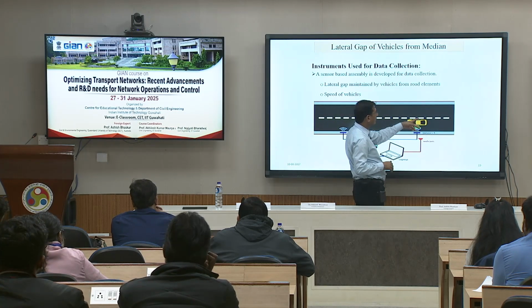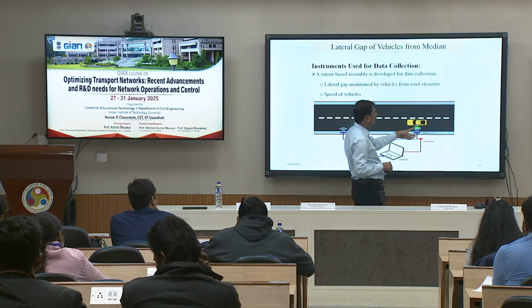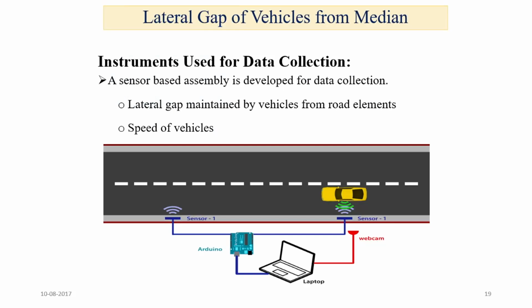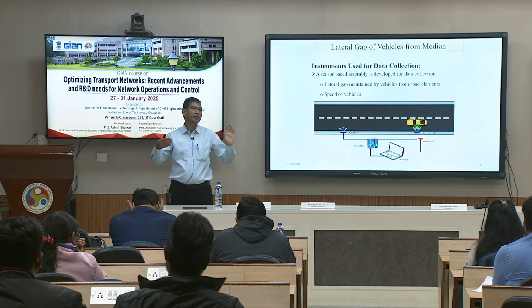If no vehicle is there, this ultrasonic sensor keeps collecting data, but it is not dumping into a particular file. We had put a threshold, less than 2 meters, so as soon as a vehicle comes closer, it activates the webcam and takes a snapshot. So you get the timestamp as a file name, and you can get the vehicle type.